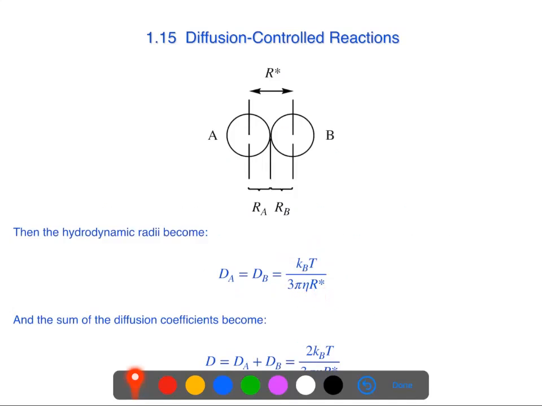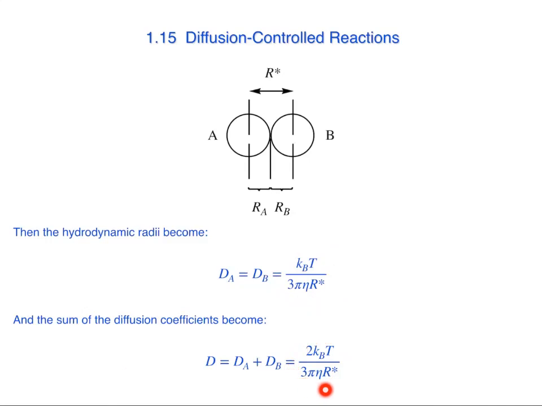Now, if we sum these diffusional coefficients, we're basically taking this term and multiplying by 2. And so we end up with the sum being equal to 2 kBT over 3 pi eta R star.